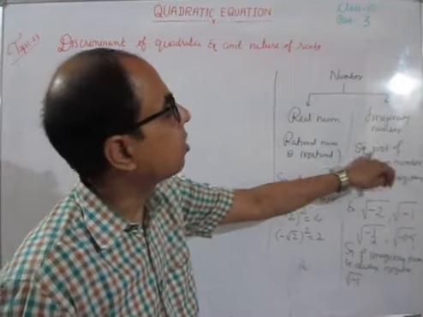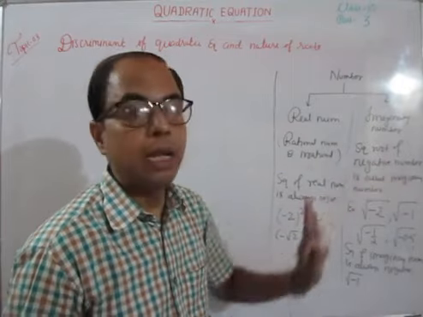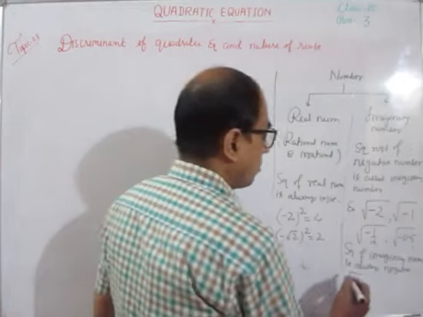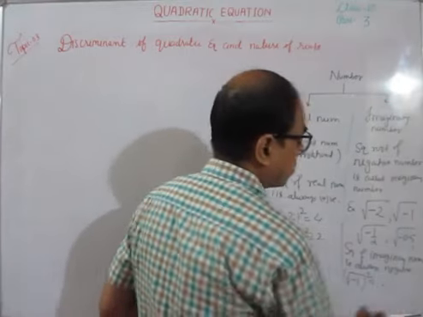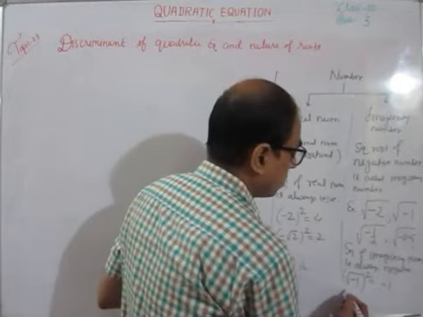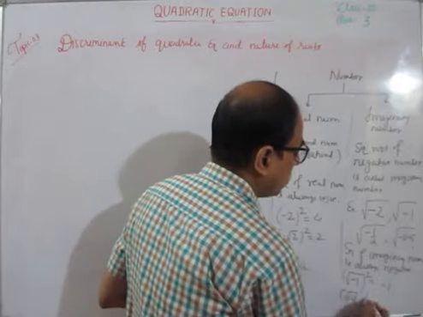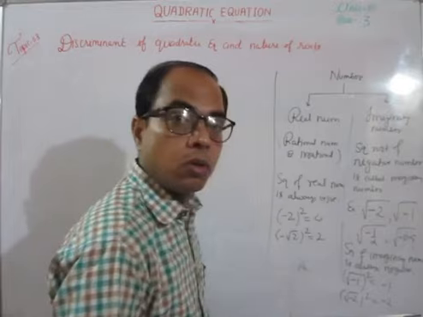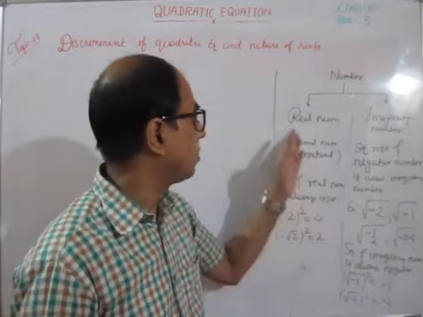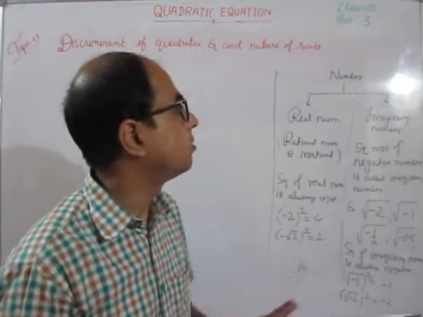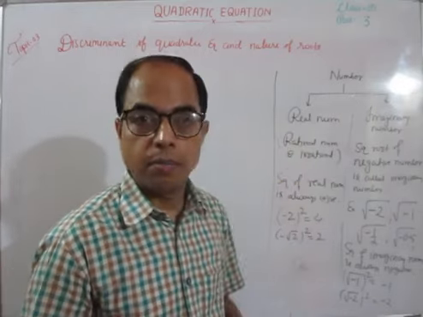We have said that the square root of a negative number is called an imaginary number. So its square will be -1. What is the square of square root of -2? It will be -2. So the square of an imaginary number is always negative, and the square of a real number is always positive. That is the main difference between real and imaginary numbers.